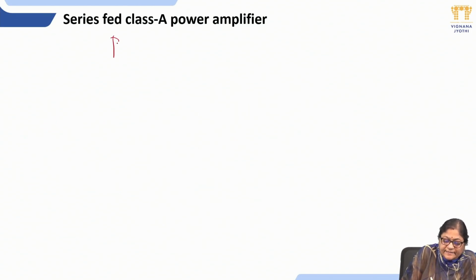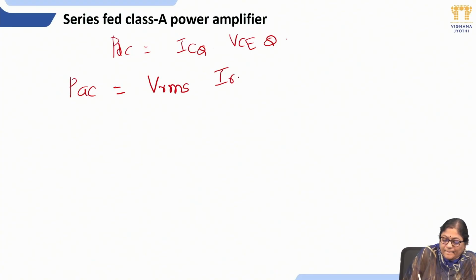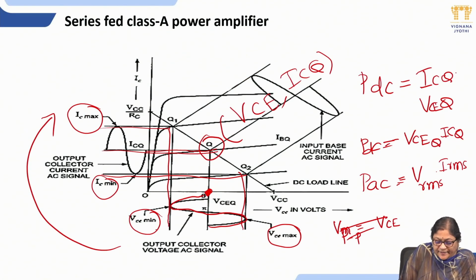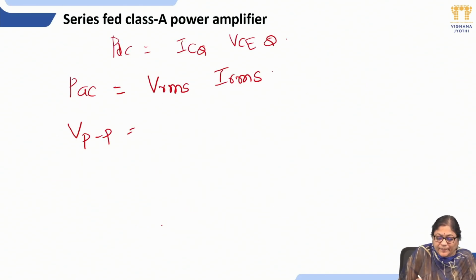So PDC I will keep aside as ICQ into VCEQ. Next PAC is equal to VRMS into IRMS. First we will consider V peak to peak. V peak to peak is V maximum minus V minimum.